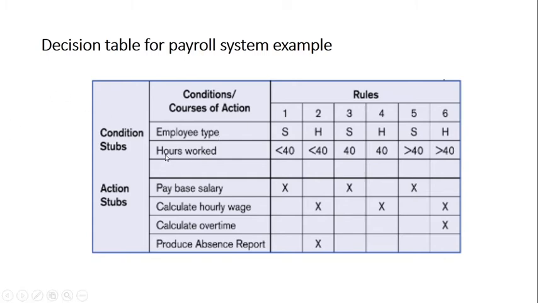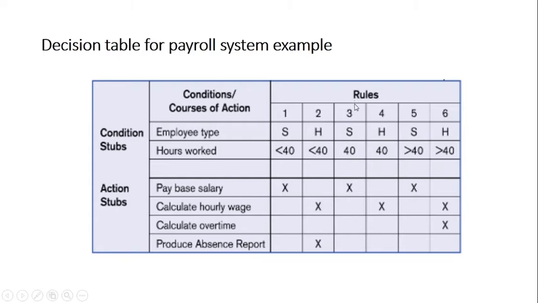Then second was, if he works on hourly basis, then multiple criteria were there, whether he works for greater than 40 hours, less than 40 hours, or equal to 40 hours. So these are the basic two conditions. First, it depends upon the employee type, and second, it depends upon the number of hours worked. So got this point? What does condition stub mean? Where you write all the conditions with the help of which you are going to make certain decisions, whatever values they have, right?